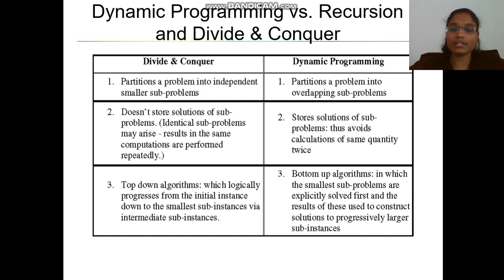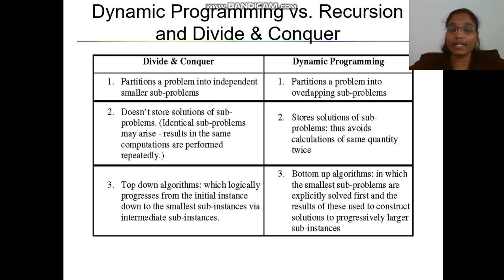Here we can see some more differences. Divide and conquer partitions the problem into independent smaller subproblems, whereas dynamic programming partitions the problem into overlapping subproblems. That is, each subproblem is dependent on the other subproblem. And divide and conquer doesn't store the solutions of the subproblems.